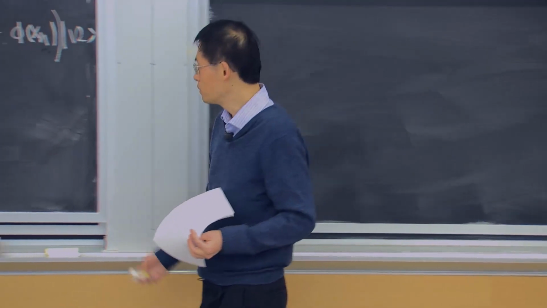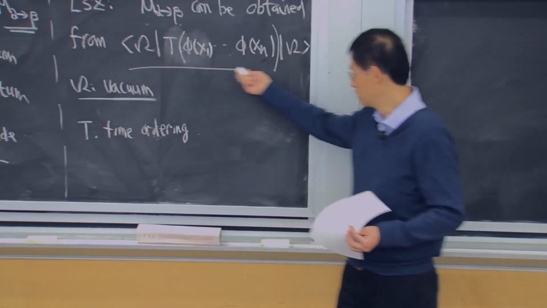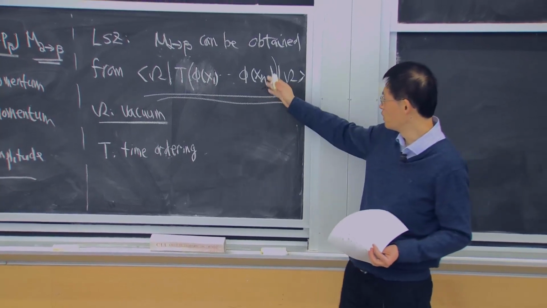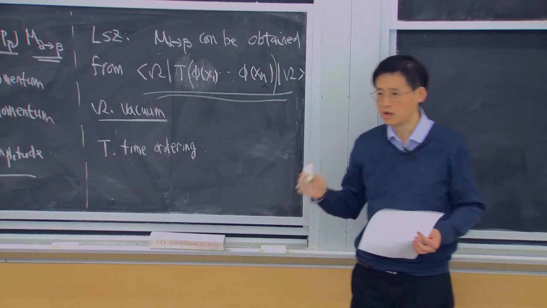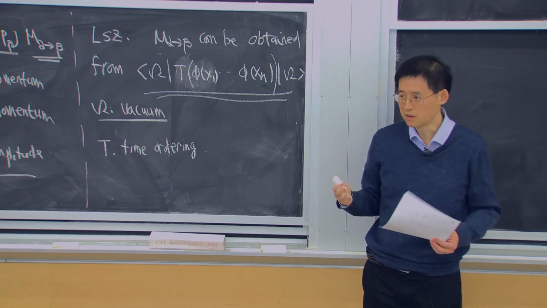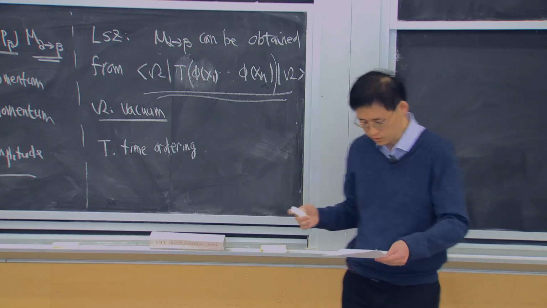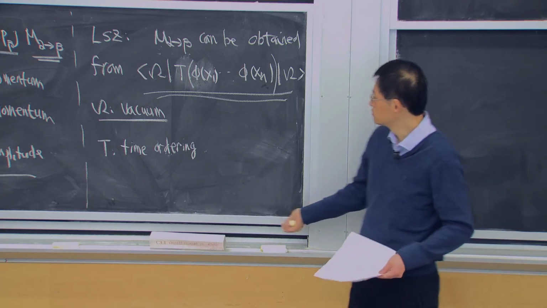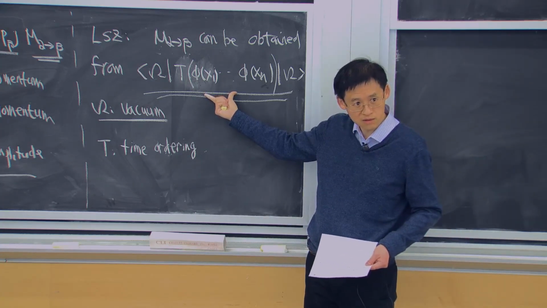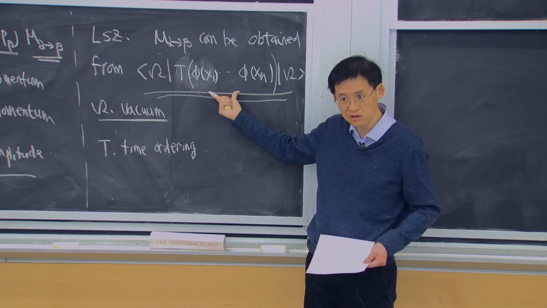Our goal would be to tell you how to calculate this quantity. Once you know how to calculate this quantity, then we will be able to calculate the scattering amplitude, and then you will be able to compare with experiments. In principle, we already know how to calculate this quantity from what you learned in 806.